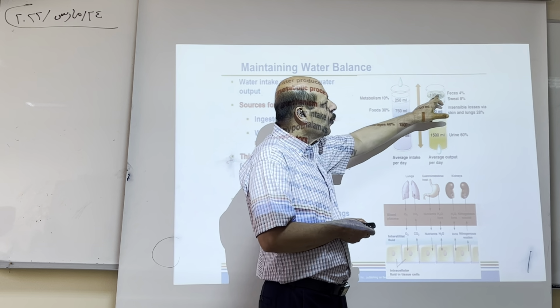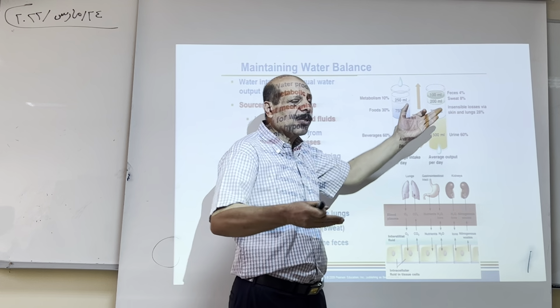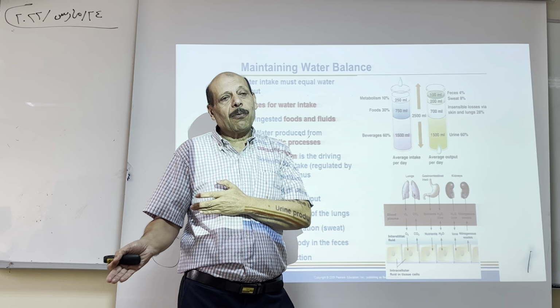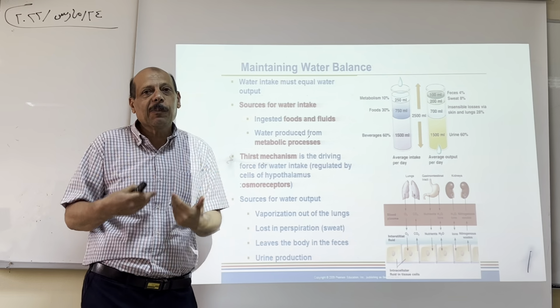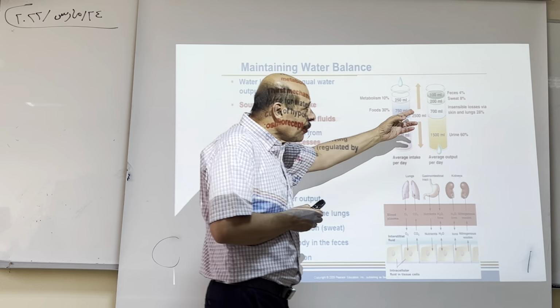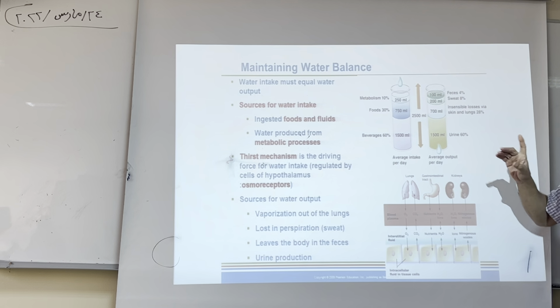Some of it, around 100 ml, will be lost through the feces, through the stool. If the stool is dry, we will not be able to pass it. So around 100 ml of water, this is in normal condition.